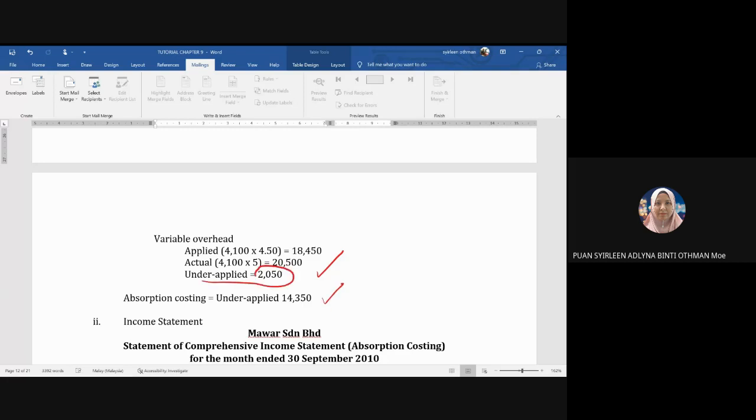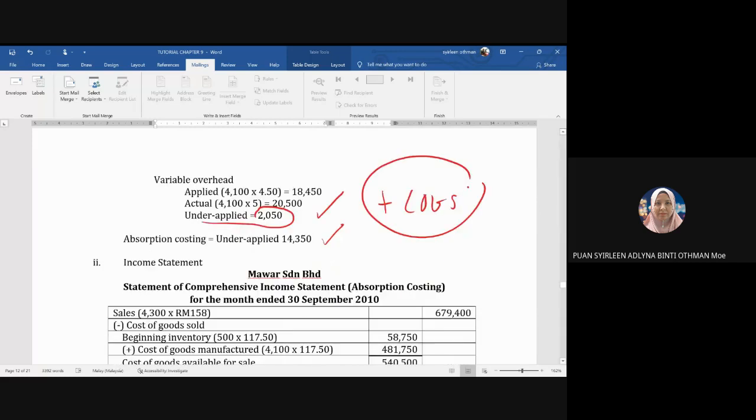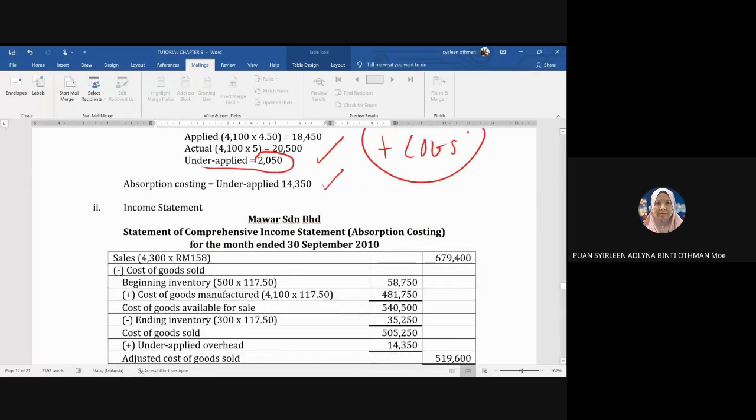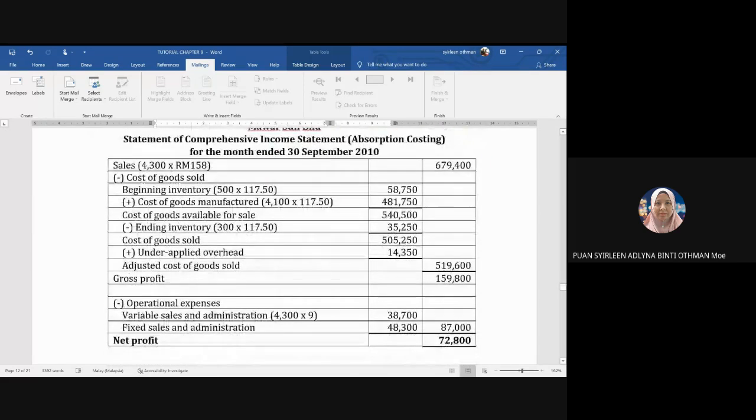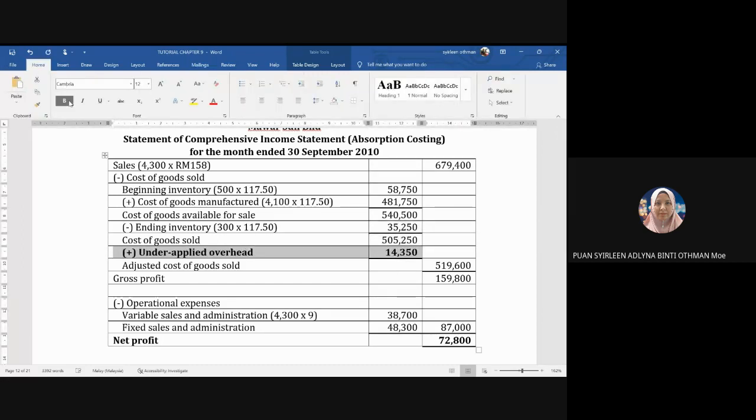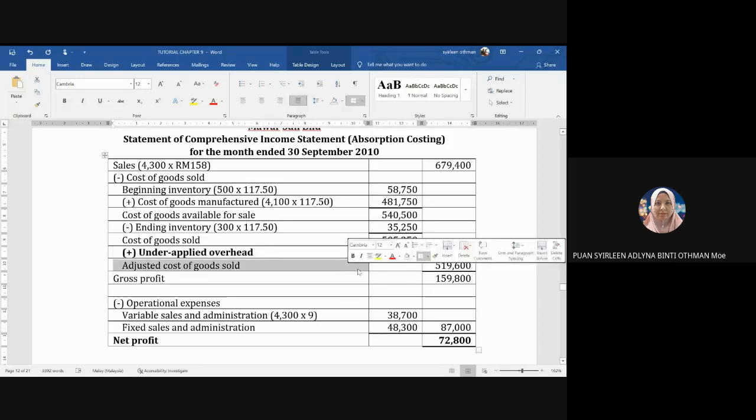Under applied, that means dua-dua kita akan tambah di COGS. Okay, alright. So your statement, okay, untuk absorption, after you get your cost of goods sold, you are going to do the adjustment, which is 14,350, the cost of goods sold, then you'll get your adjusted cost of goods sold.